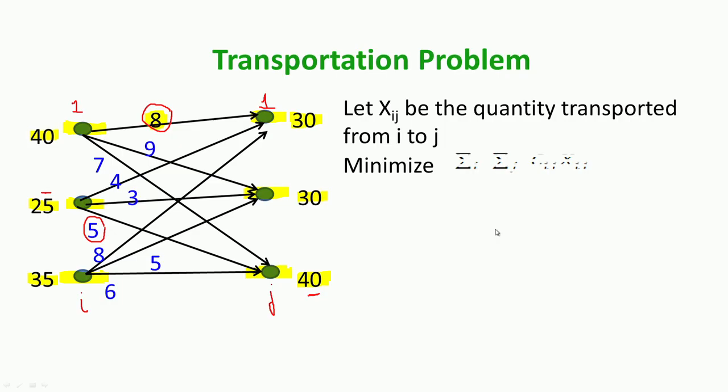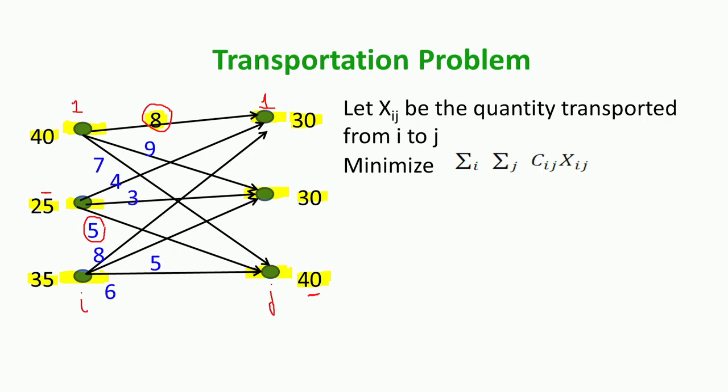Now, obviously, we want to minimize the total cost of transportation. So, the objective function will be to minimize summation over i, summation over j, Cij Xij. Since there are 3 supply points, i is equal to 1 to 3, and since there are 3 demand points or destination points, j is equal to 1 to 3. So, there are 9 Xij variables. There are also 9 Cij or unit cost coefficients.